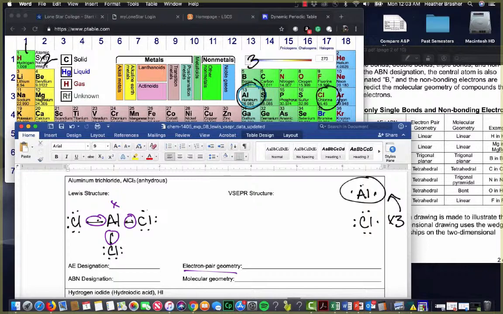It is considered what? Trigonal planar. The reason being, there's 3 of them, so it's almost like a triangle, but it's a triangle that if you squished it out and it was all in the same plane.